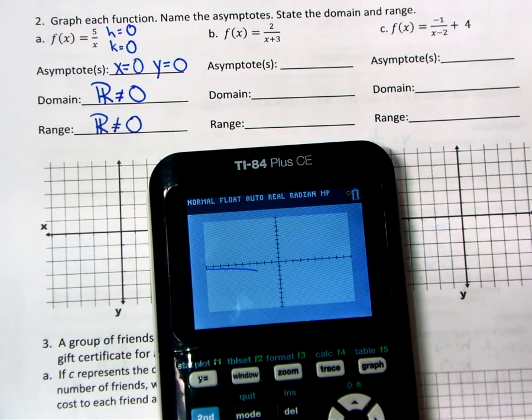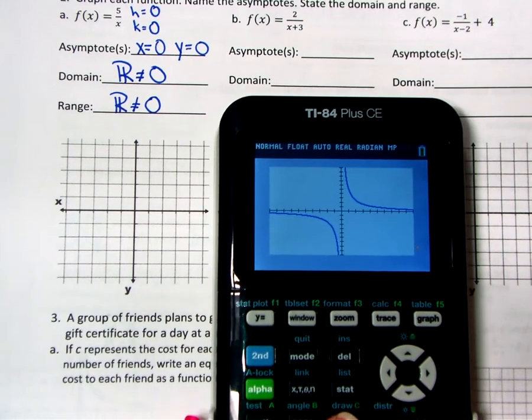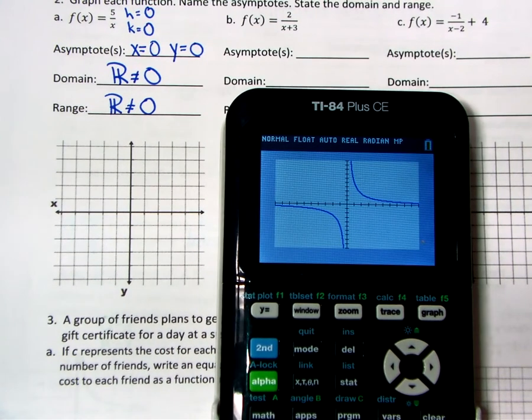So when I graph this, I can see the 2 branches of my hyperbola, but notice I don't see the asymptotes. You still have to graph the asymptotes. That will be part of the points on the quiz, is graphing those asymptotes. So I've got to graph at x equals 0 and y equals 0.